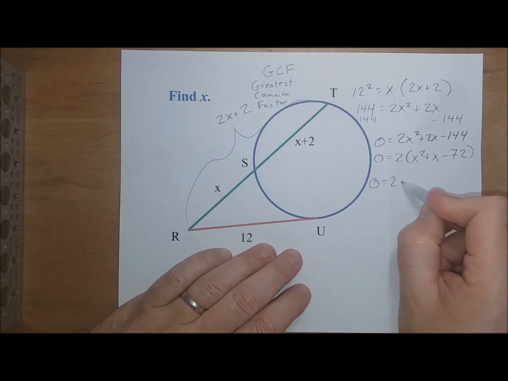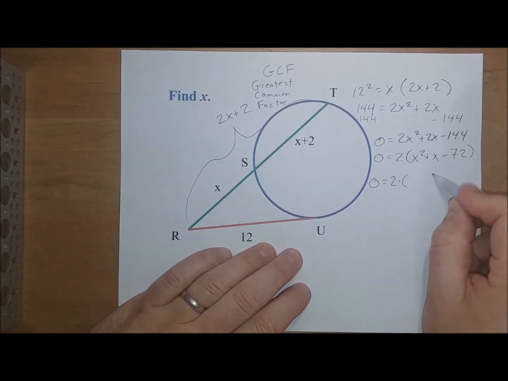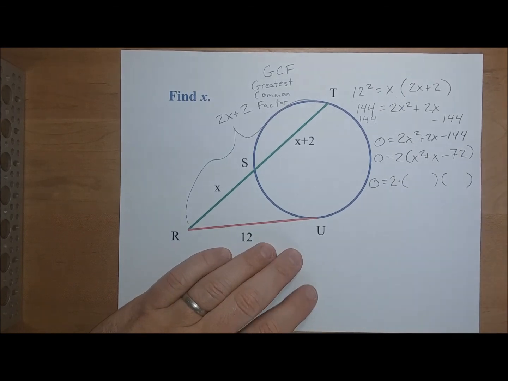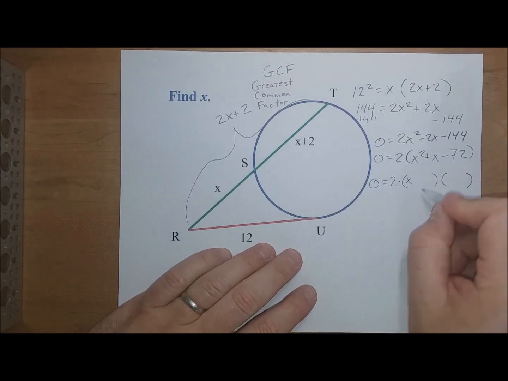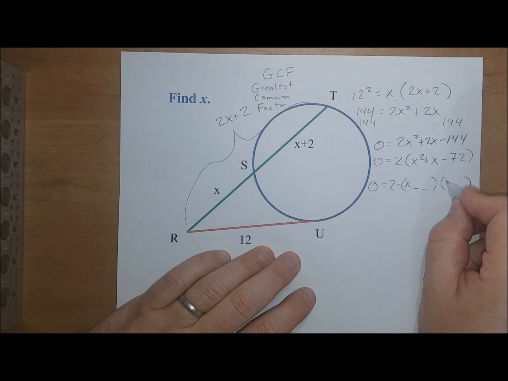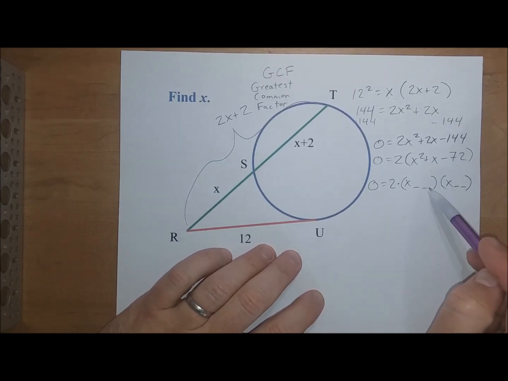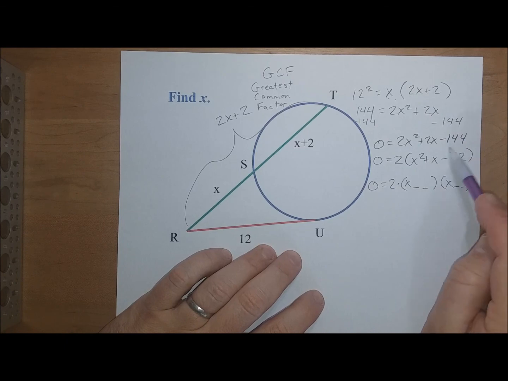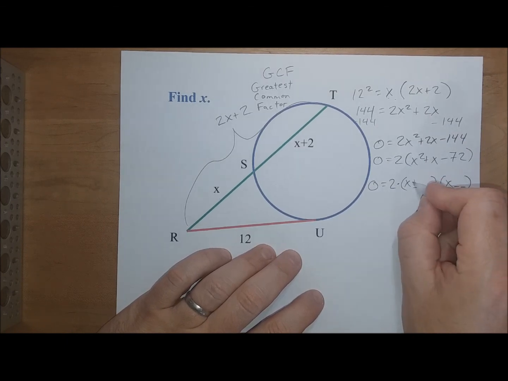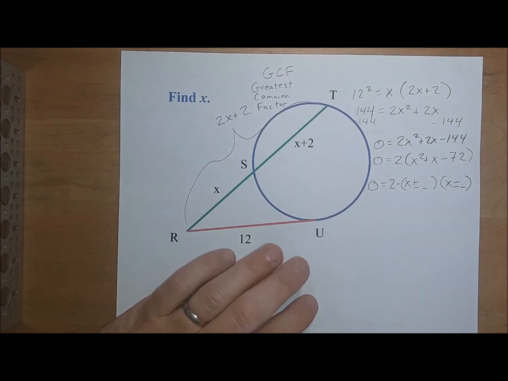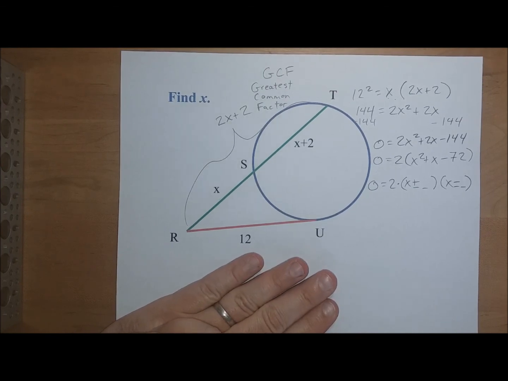We don't really need to worry about this 2 guy, but let's go ahead and set up our 6-piece puzzle just like this. We're going to have x something something, x something something. Since I'm multiplying these last two numbers together to get a negative number, I'm going to have opposite signs, and already I have 4 pieces of my puzzle.